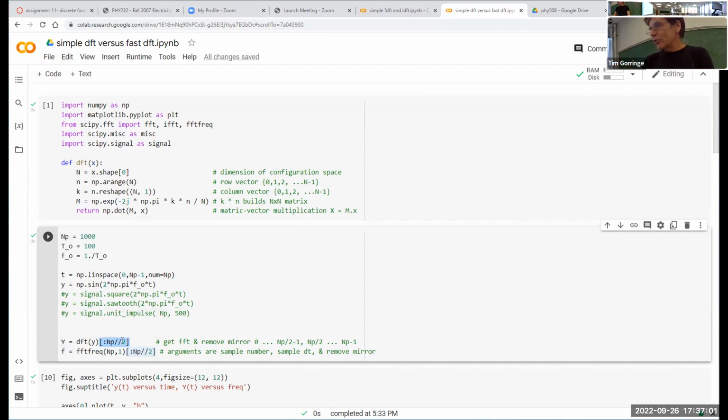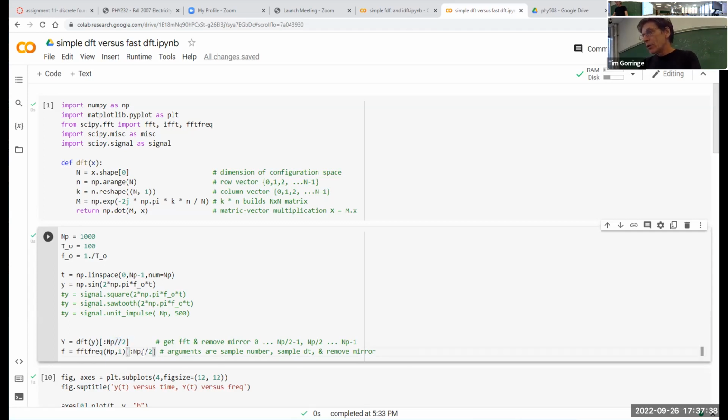I had to do this because NumPy, for division, will always return the result as a floating point number. And for slicing, I need an integer. And so if you do that double slash, then it'll return an integer for you. So that's the only reason for that. It's not like it isn't an integer, but I had to tell it to make it an integer.